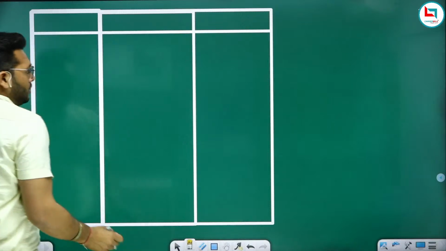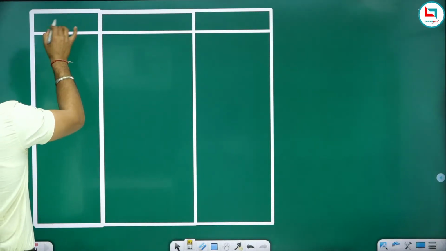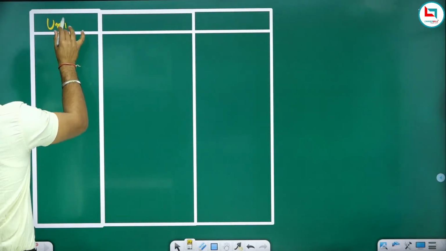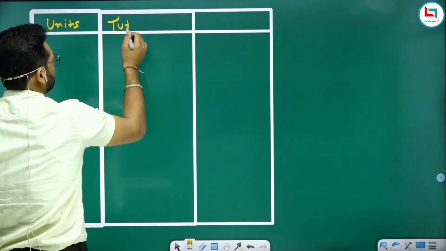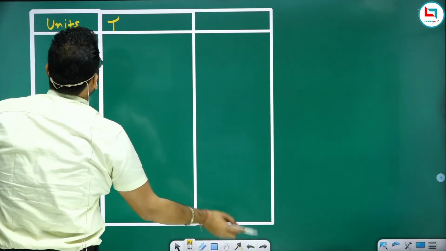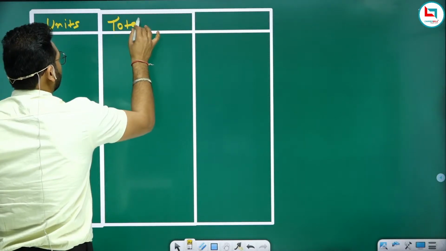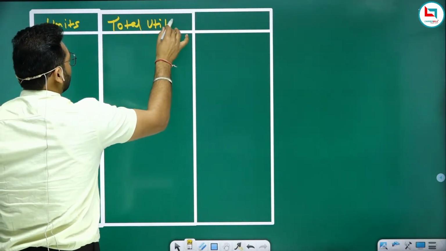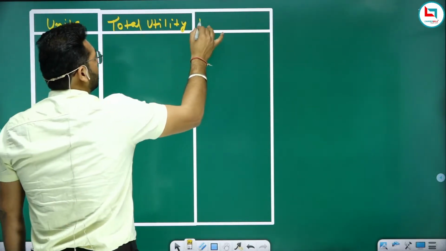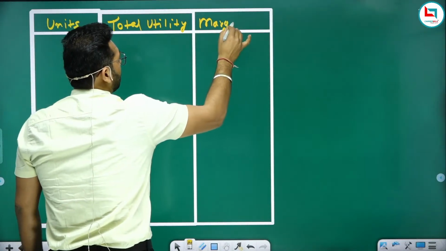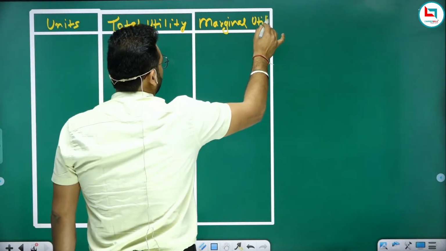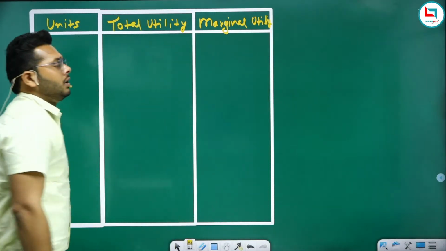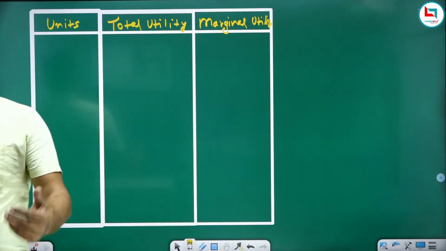Right? So first of all, here the units, here the total utility, and here the marginal utility. In short form, you just say MU.